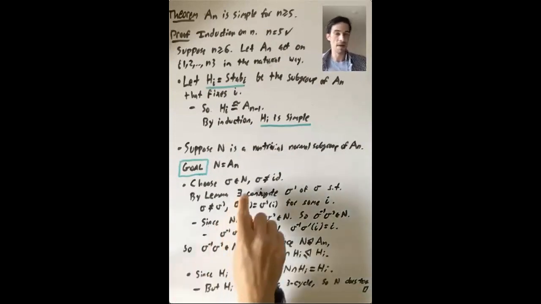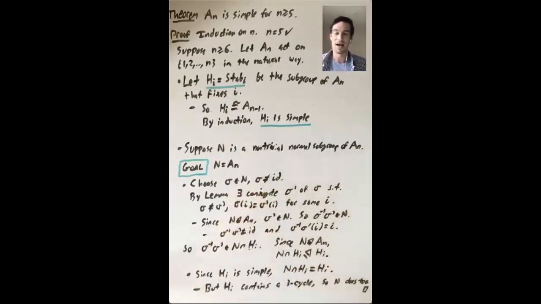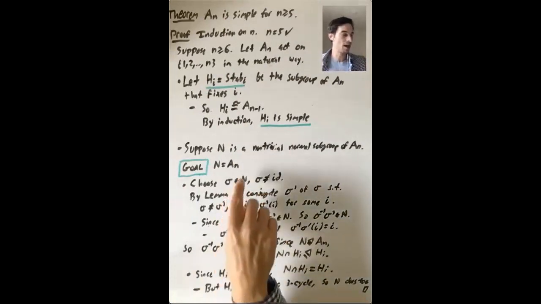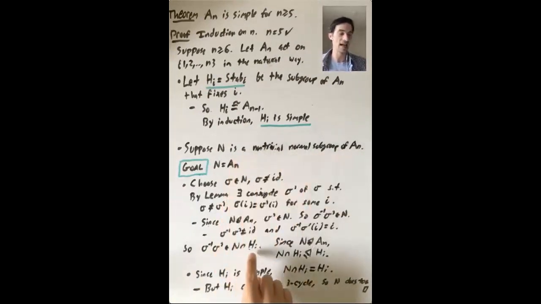And then remembering this lemma is one of the key ideas, that you have to find some way to show something about how your non-trivial normal subgroup N intersects with these subgroups H_i. And this lemma is sort of perfectly designed to show that that's non-trivial.